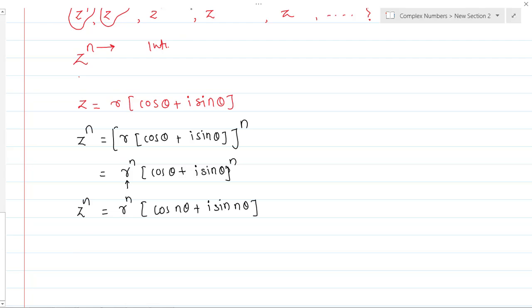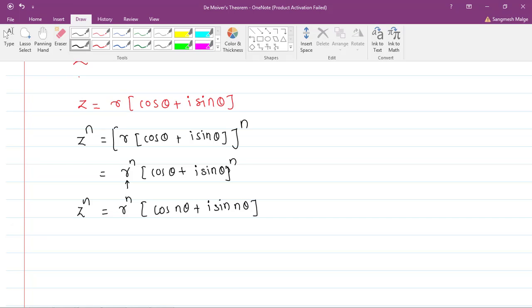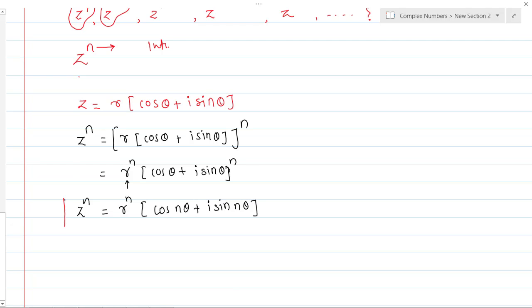So what is the final answer? z to the power n is equal to r to the power n, cos n theta plus i sine n theta. Whatever power you have, just give this power in the multiplication of theta. Whether it is a positive number, negative number, or fraction, no problem.